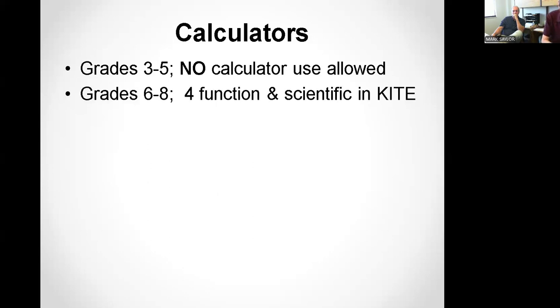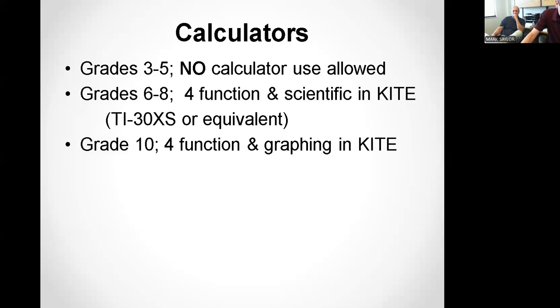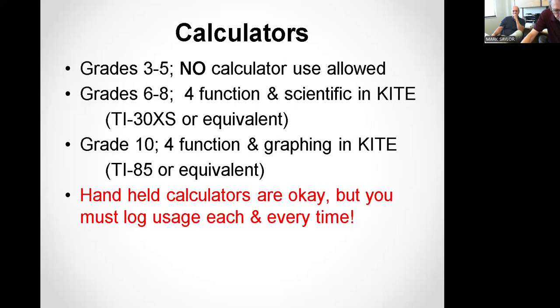Grades 6 through 8, they have a 4-function and scientific calculator available in Kite. Grade 10, they have a 4-function graphing calculator in Kite. Handheld calculators are okay, but you must log the usage each and every time.